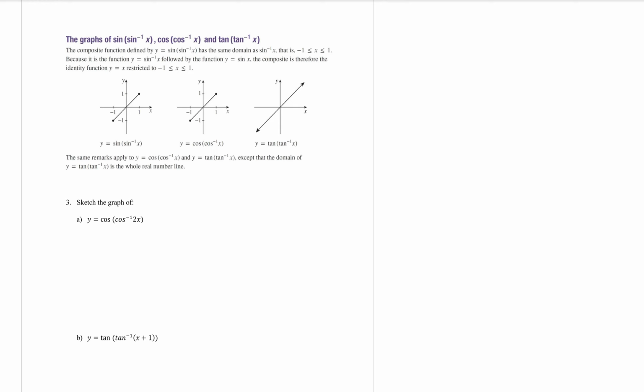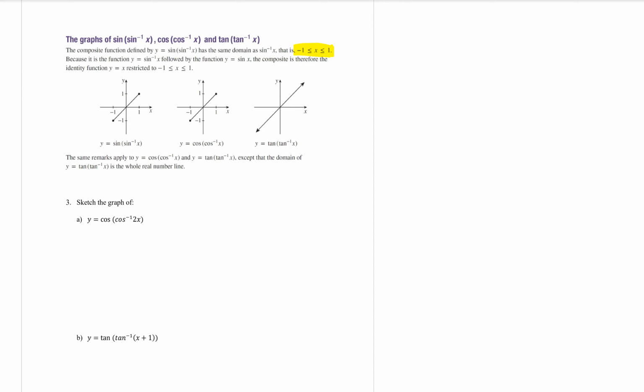The composite function defined by y equals sine inverse sine x has the same domain as inverse sine of x, which is x is between -1 and 1. Okay, that's the key thing here. Because it is a function, the function y equals inverse sine of x, followed by the function sine of x, the composite is therefore the identity function y is equal to x.